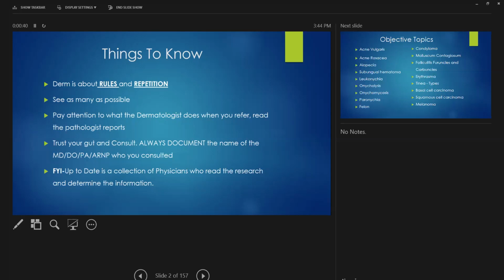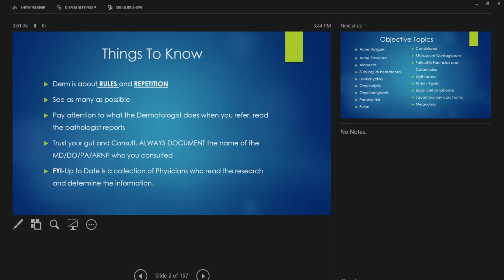You also need to know when to refer people, and it is important to read the referral notes and the pathology reports, as you can pick up a lot of really good information in these reports themselves. Trust your gut, and if you want to consult, make sure that consultation is performed.